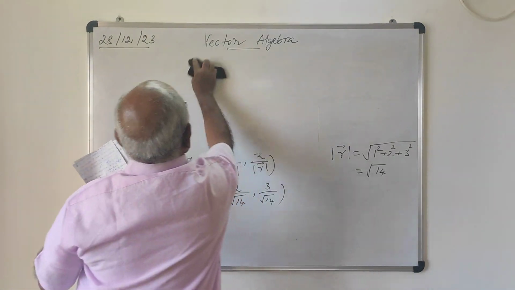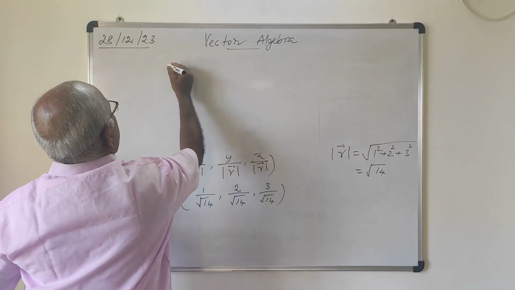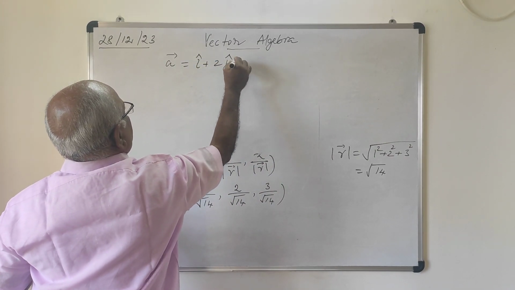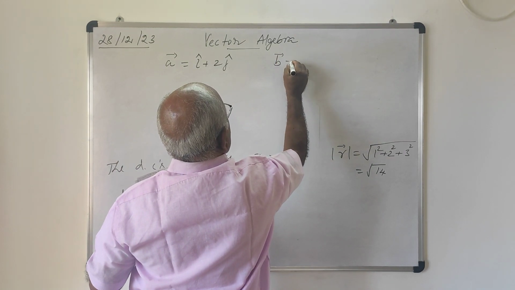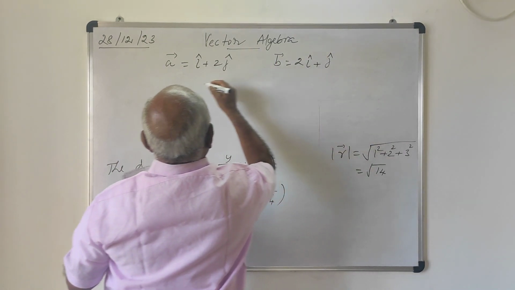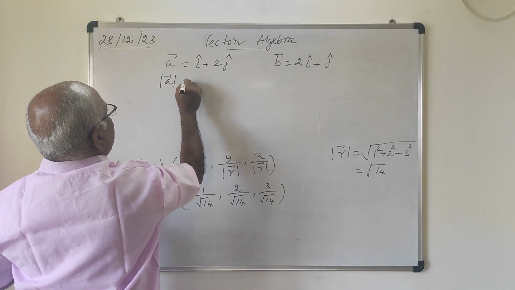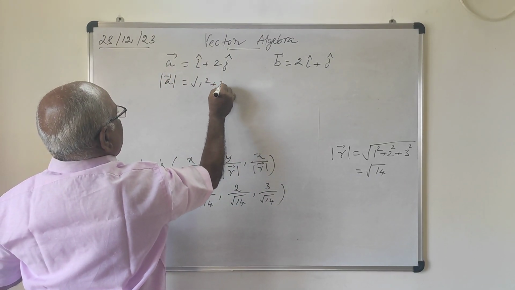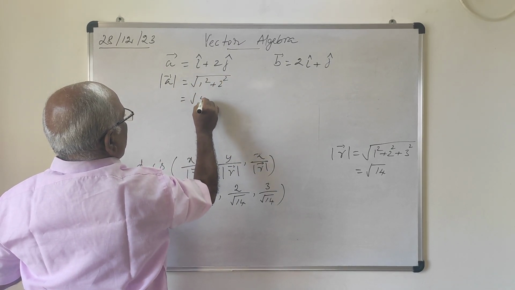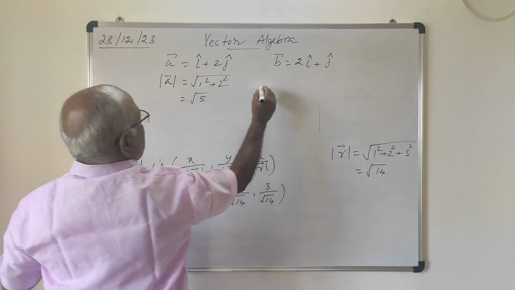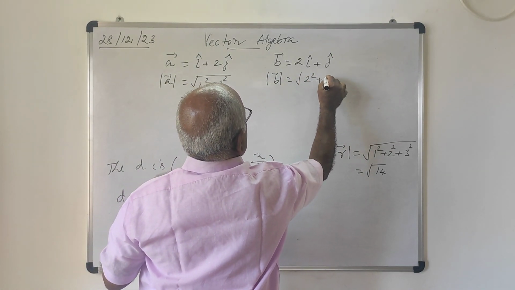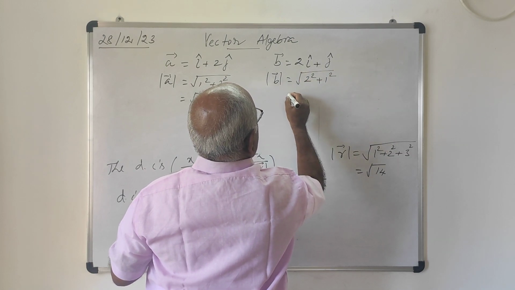Consider the two vectors a equal to i plus 2j and b equal to 2i plus j. The modulus of a is root of 1 squared plus 2 squared, which is root 5. Similarly, the modulus of b is root of 2 squared plus 1 squared, which is root 5.